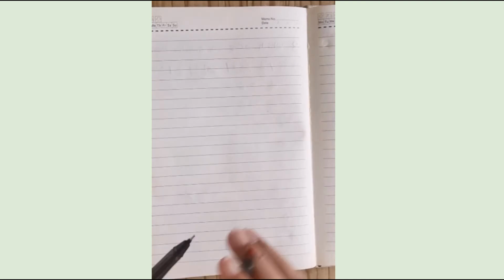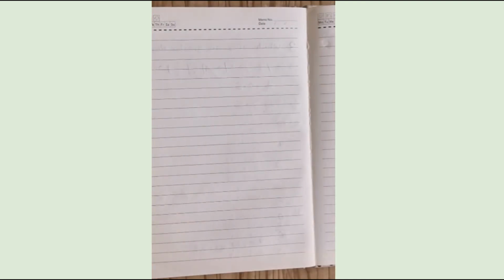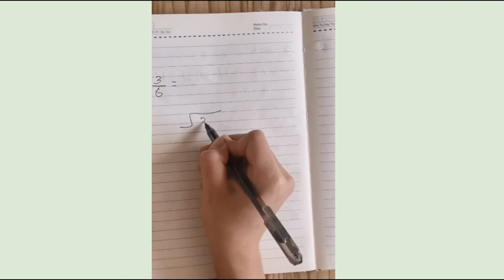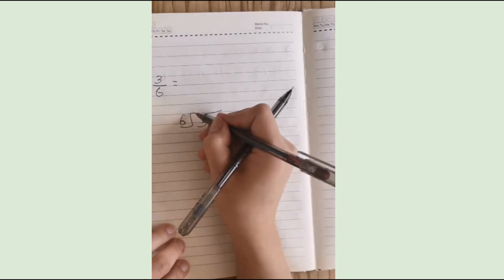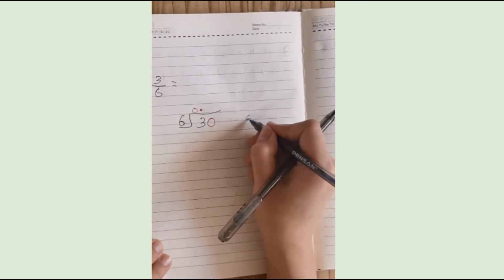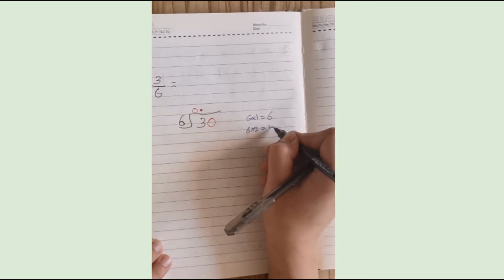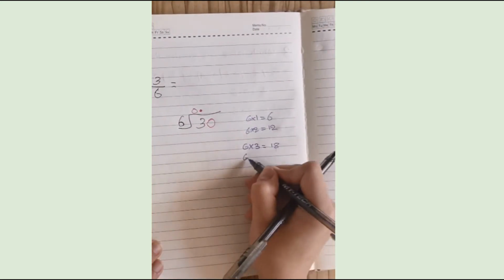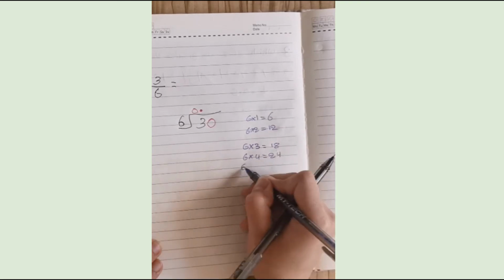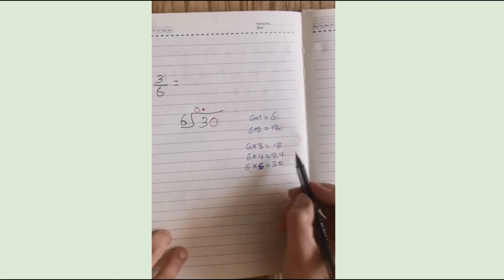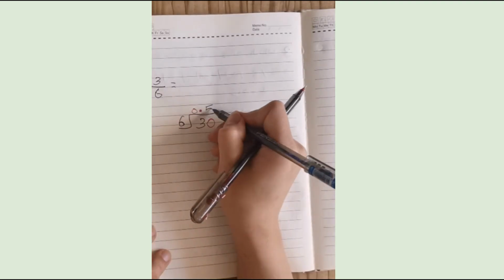Okay, we only have two numbers left. We need to find a number in the multiples of 6 that if we multiply 6 by it, we get 30. 5 times 6 is 30.